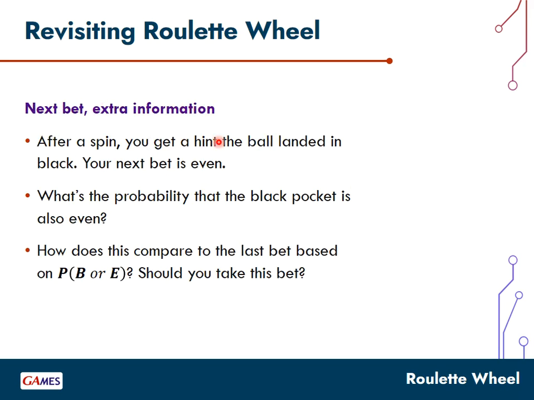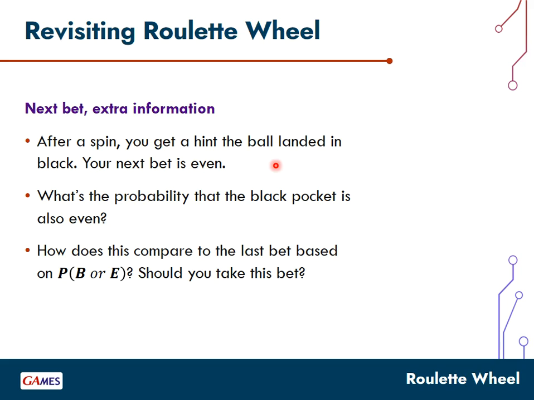So our ball has entered a black pocket. What's your next bet? Are you going to take the even bet? You are going to be updating the probability of an even based on the available information. So previously, the probability of an even event was 18 over 38, but it doesn't suffice anymore to do 18 over 38.